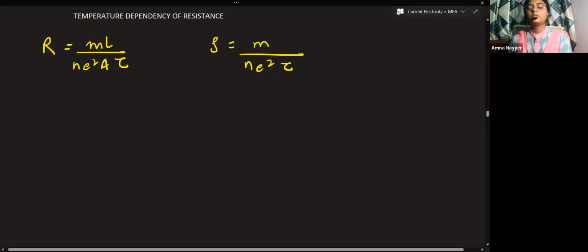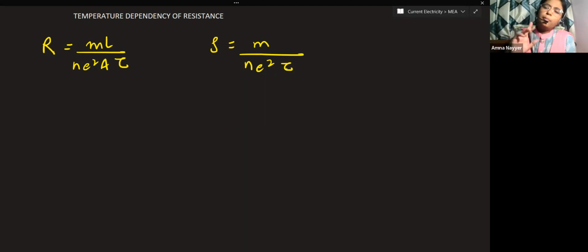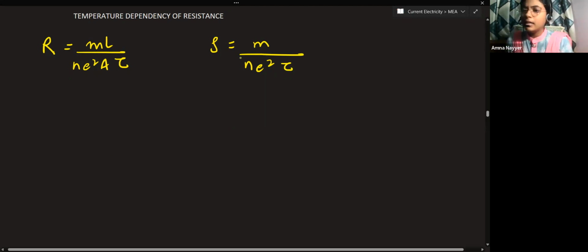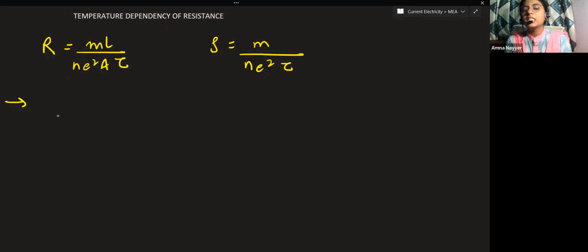ne square tau. Now, regarding wires and the conductors that you have, for the temperature range that we'll be dealing with here, there's not a significant difference in resistance and resistivity. Basically, there's not a significant change in length and area.